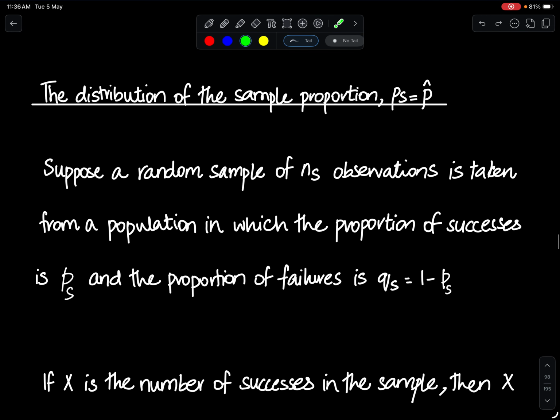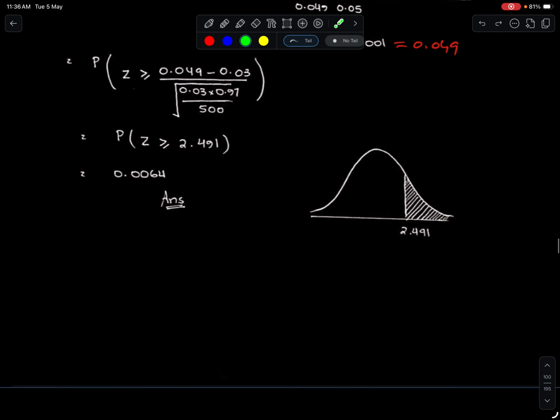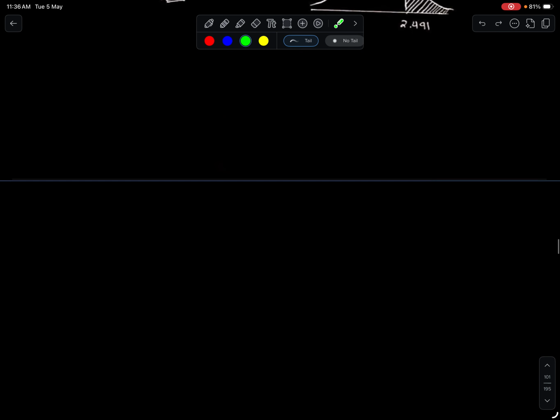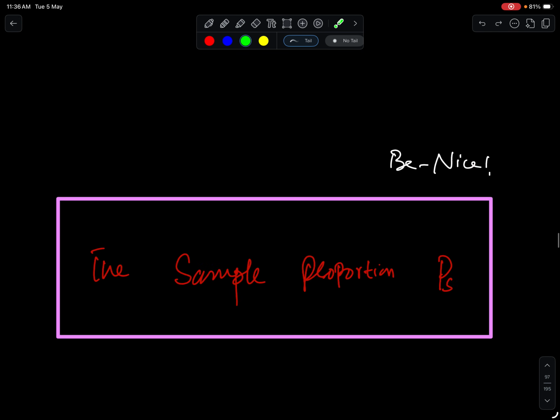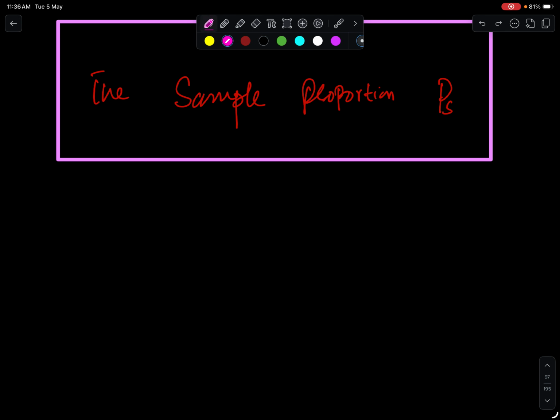The sample proportion is very simple. Sample proportion is Ps, the frequency of requirement divided by the sample size.